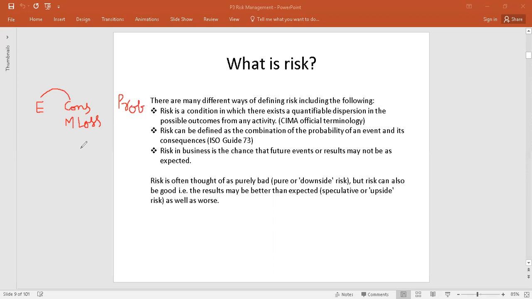So the quantified value and the probability, when both of them are multiplied, the monetary loss into the probability of happening of these events, the sum total of all such things is calculated as risk. So it can be defined as a combination of probability of an event and its consequence. Consequences are a result of happening of events. Events could be anything.